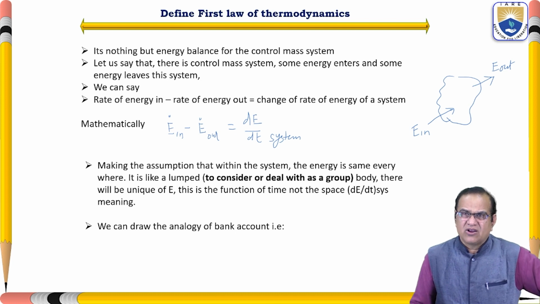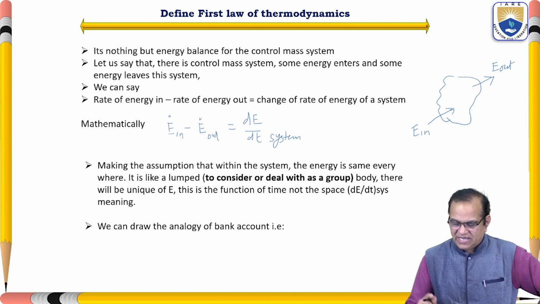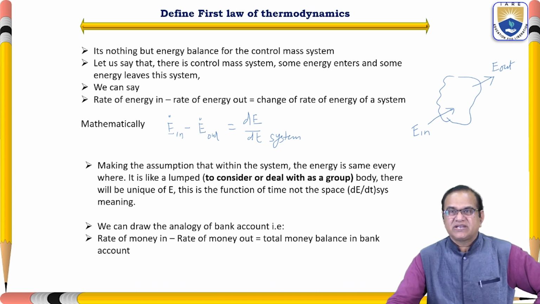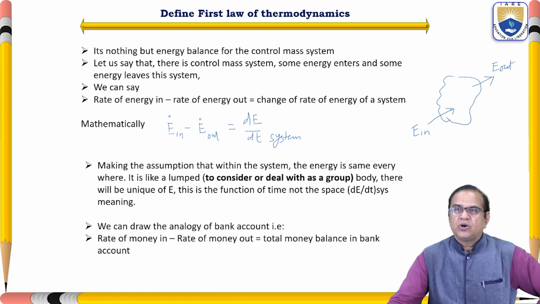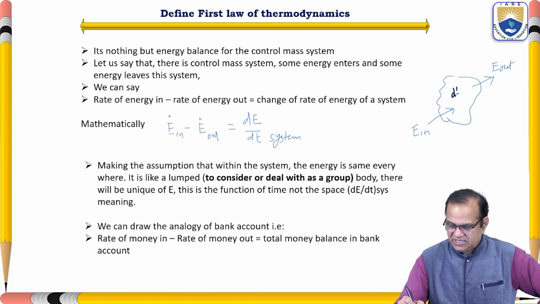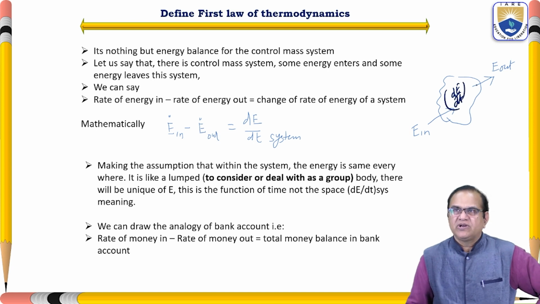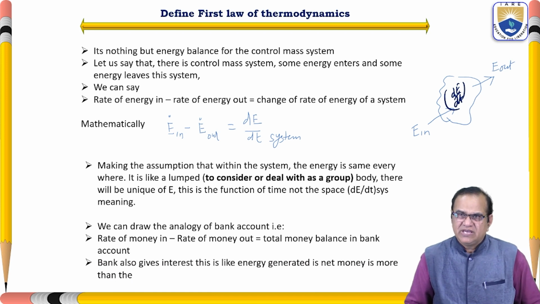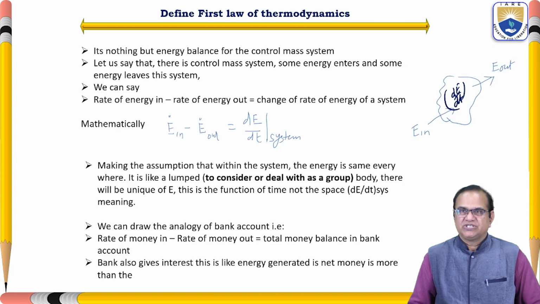We can draw the analogy of a bank account. Here we can see that the rate of money in minus the rate of money out is equal to the total money balance in the account. So here dE by dt is the balance of amount per unit time. The bank also gives interest. This is like energy generated, where the net money in is more than what you have deposited.